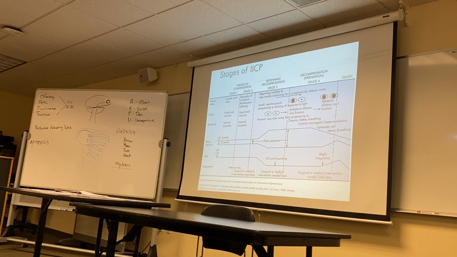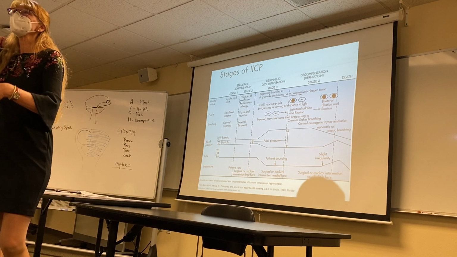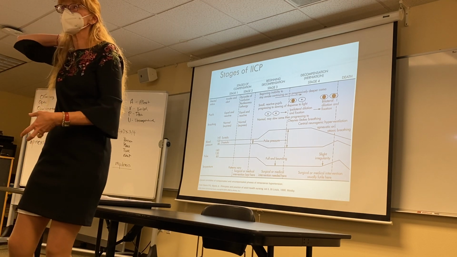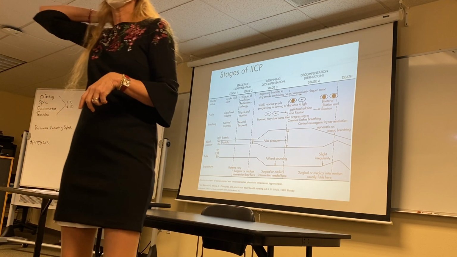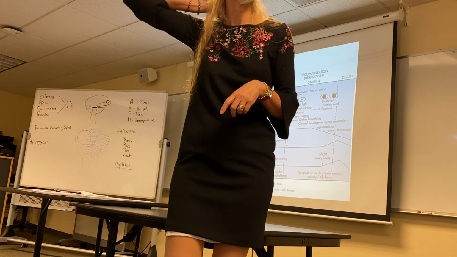In addition, because there is some herniation going on, there will be some bradycardia. If there's herniation going on through that tentorial plate, it'll put pressure on the brain stem where we have different receptors that regulate heart rate. Okay, vagus nerve and all that kind of stuff, cranial nerve number 10.